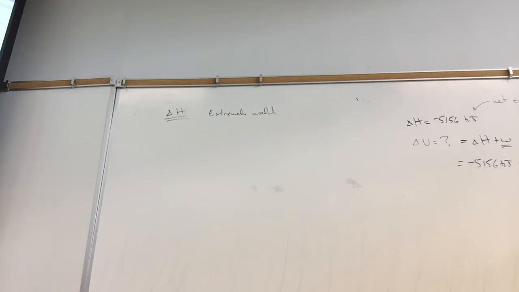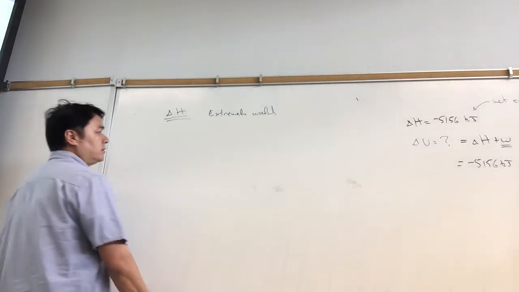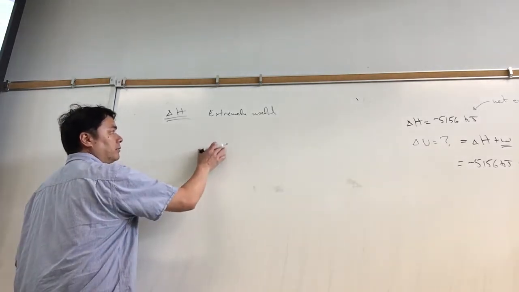They give us delta H of formation like this. We're going to use the energy from metabolism of glucose to climb the mountain. So how many grams of glucose do we need to consume to climb that mountain?